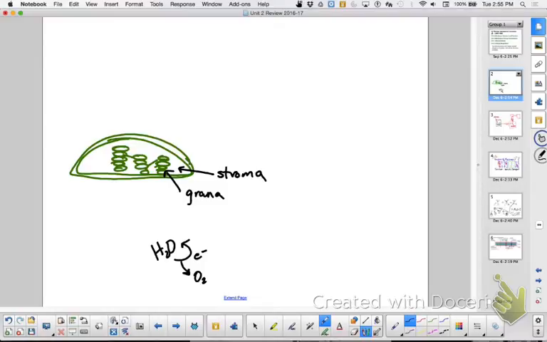You take water and you split water and you get oxygen and you get electrons. Those electrons get excited by the sun's energy. And then we do what? PQ. And PQ will bring hydrogen ions to the interior, the lumen, of the thylakoid membranes.